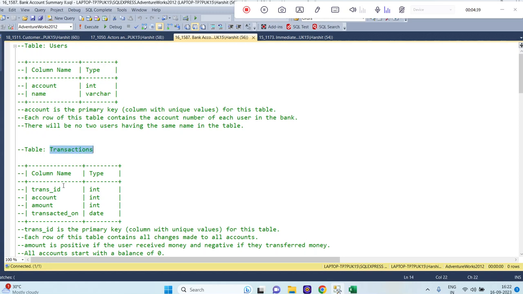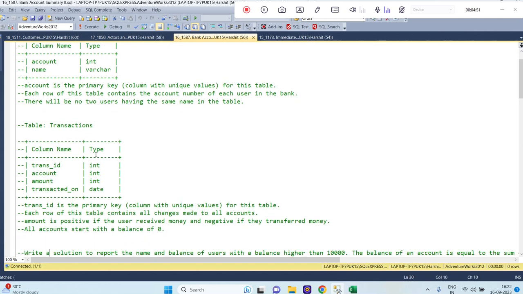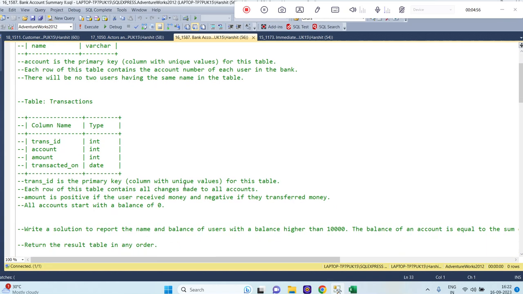Again in the transactions table, the account column is given, which is the common column between the users table and the transactions table. And the other columns are transaction ID, amount, and transaction date. Transaction ID is the primary key for this table. Each row of this table contains all changes made to all accounts.